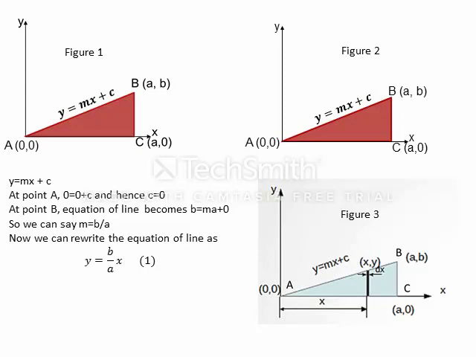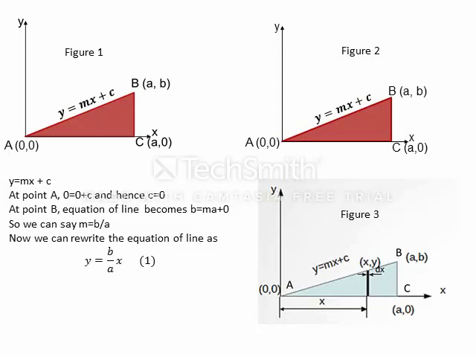Similarly, the integration of the first moment of area of the small strip will give you the first moment of area of the lamina. Once we have the first moment of area and total area of the plane figure, we can calculate the coordinates of the center of gravity using the formulas discussed in the previous session. That is, x bar is equal to Qy by A and y bar is equal to Qx by A.